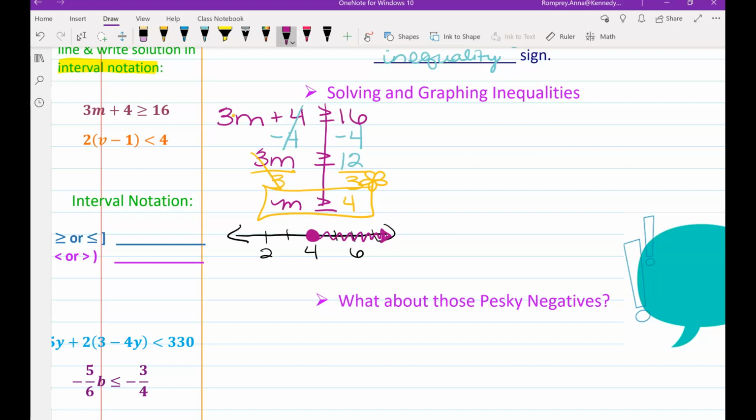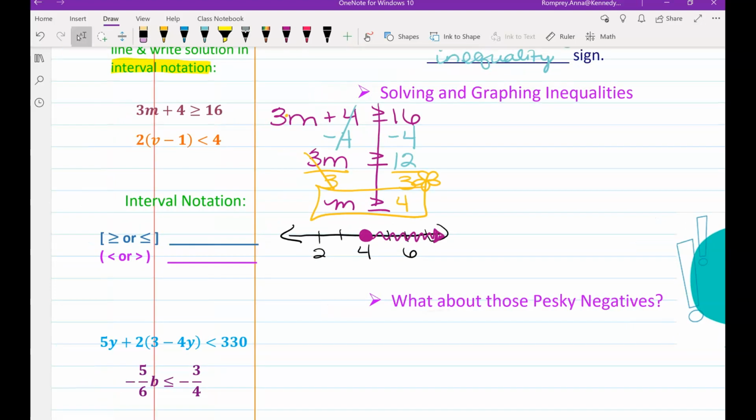Any number, that's why I shade all of this. 4.000001 is even a solution because it is something bigger than or equal to 4. So we really have an infinite number of solutions, but it's just the stuff 4 or greater. Inequalities have a large solution set, where equations tend to have one, sometimes none, or sometimes infinity if we get one of those special ones.